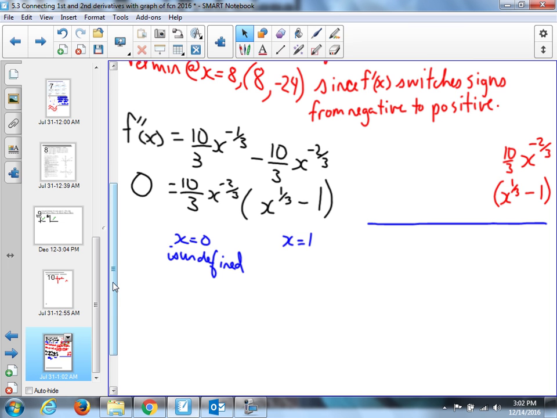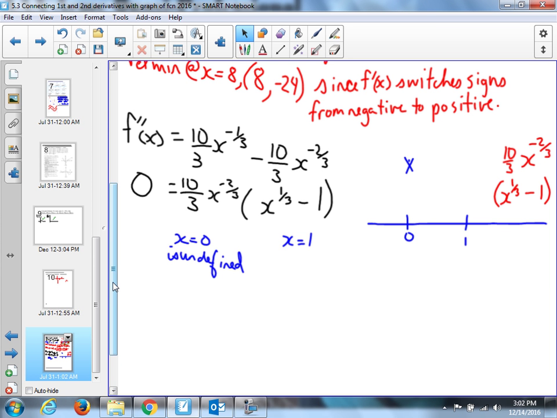Put them down at 0 and 1. 0 actually gives me undefined as far as this is concerned. We have to use that as a dividing line. It isn't an asymptote, so maybe I'll just remove this here, because it makes it look like the other line is an asymptote.